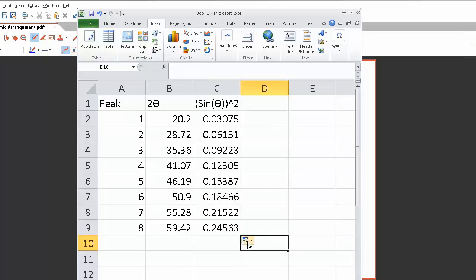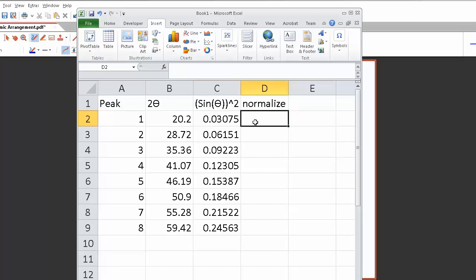Now, I know that these are proportional to h squared plus k squared plus L squared. So what I'm going to do now is I'm going to normalize those values. What that means is I'm going to pick the lowest value here. I'm going to divide all of them by that.